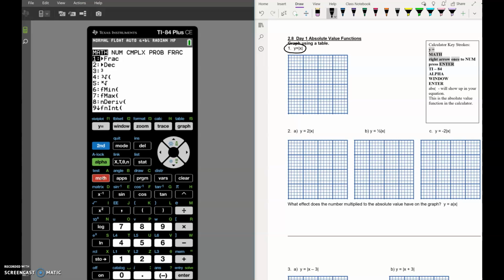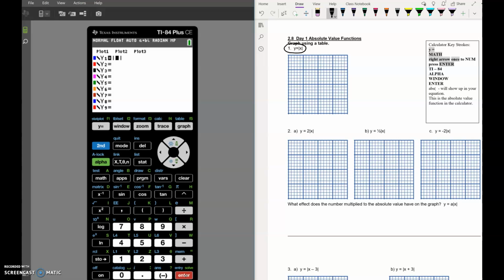There's 5 menus to choose from. We want to use the right arrow to go over to the number menu. So right arrow over to NUM. And then the very first option is ABS. ABS stands for absolute value. So push enter to select absolute value.